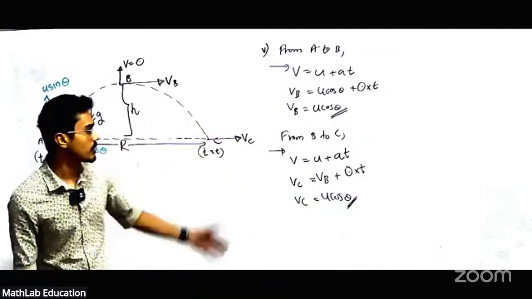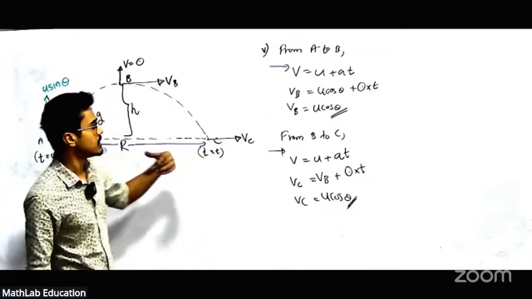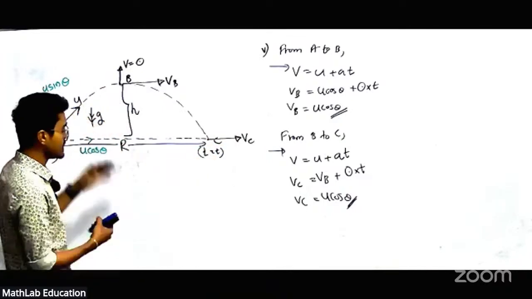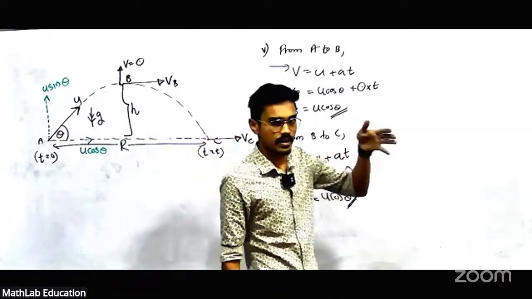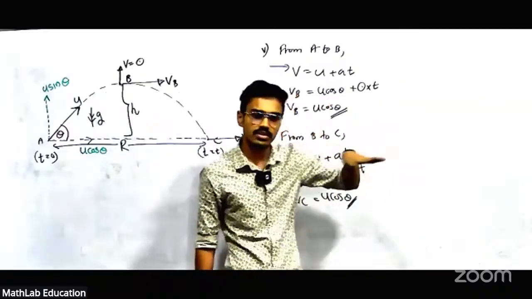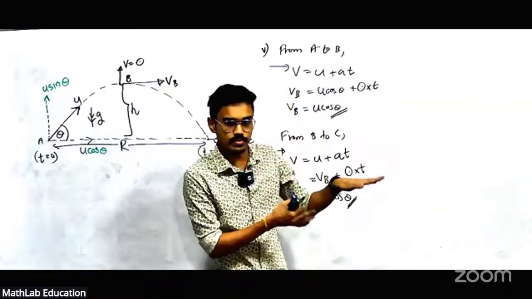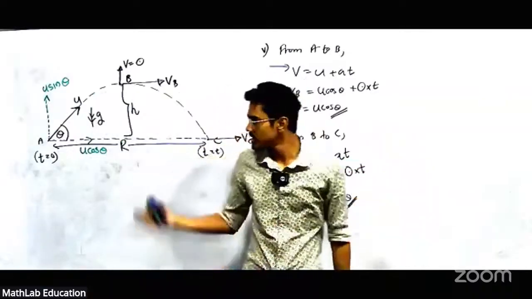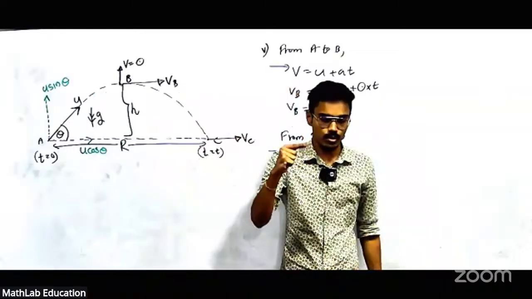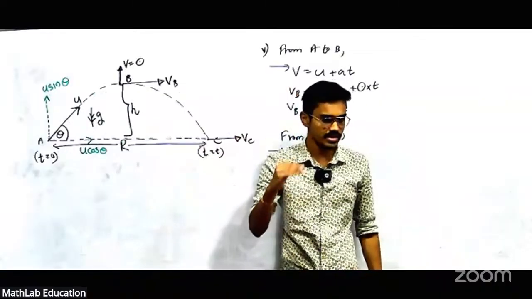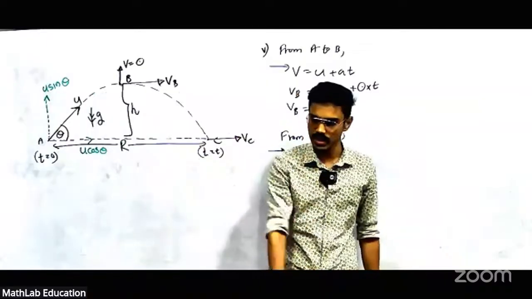So from this, we have another takeout learning. Since G is always vertical, G cannot impact horizontal velocities, because to change a horizontal velocity there should be a horizontal acceleration, but here there is no horizontal acceleration. Therefore, the horizontal velocity component of any projectile motion remains unchanged, constant. That's the learning we have.